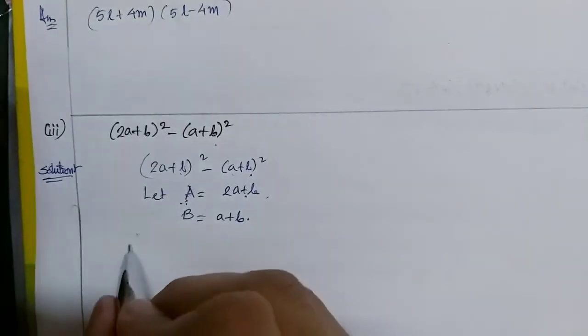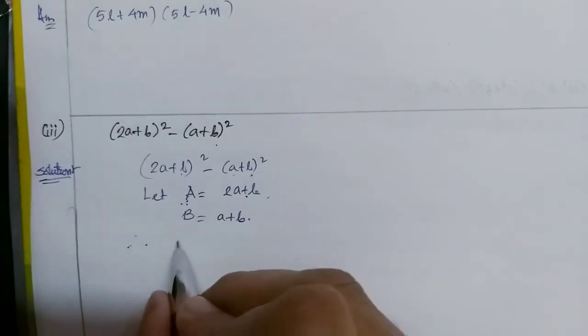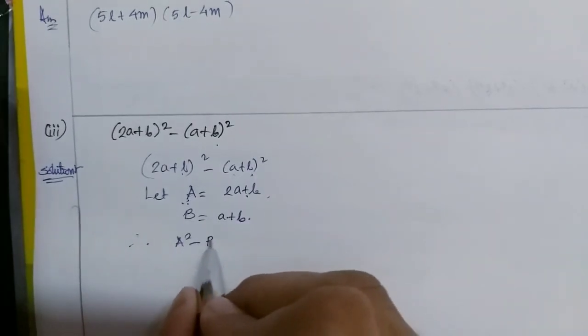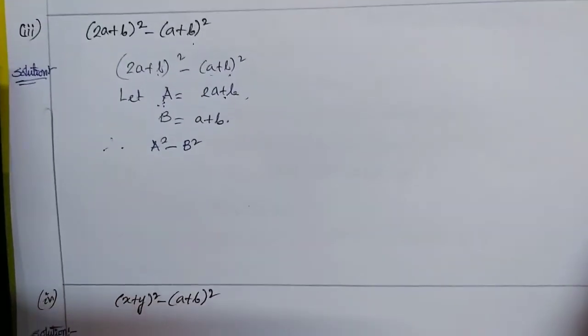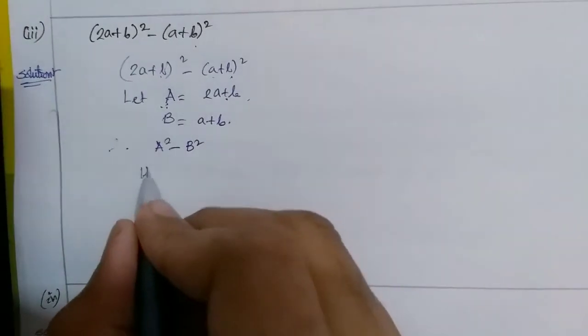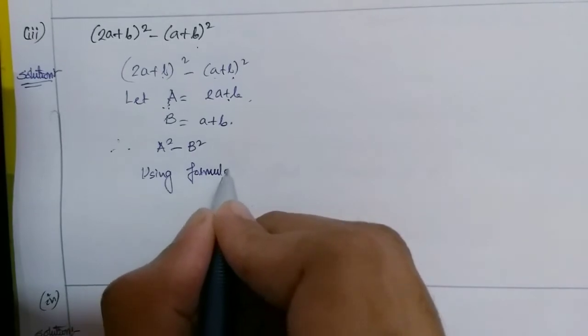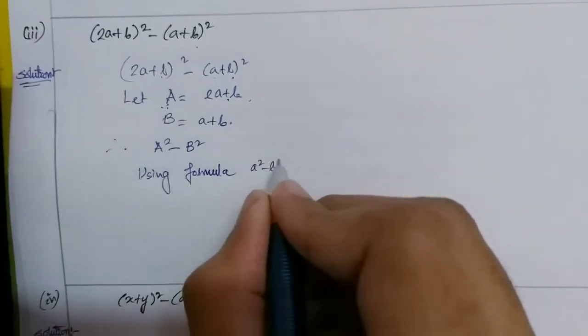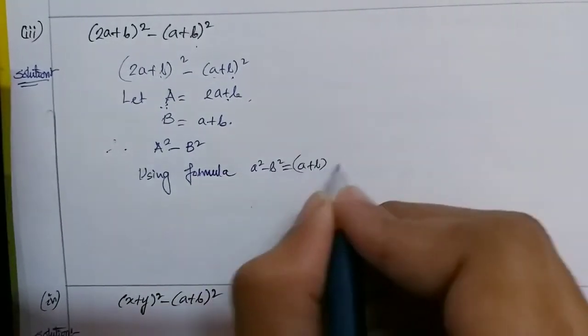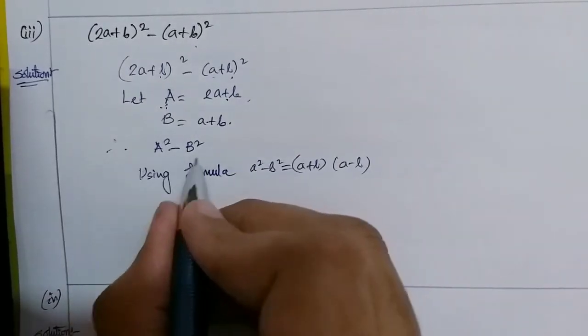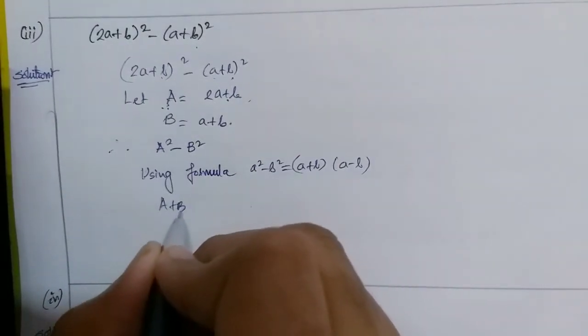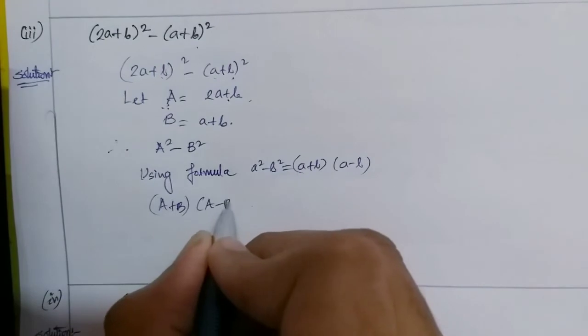So the given expression turns out to be capital A square minus capital B square. Using the formula A square minus B square is equal to (A plus B) into (A minus B), we can write this thing as (A plus B) into (A minus B), right?